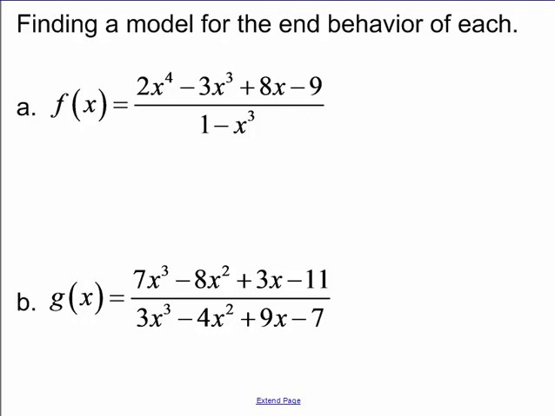Now finding a model for the end behavior, really what we're looking for is the limit as x gets really, really big of our function, and the limit as x gets really, really small of our function. So end behavior is the same thing as these limits.